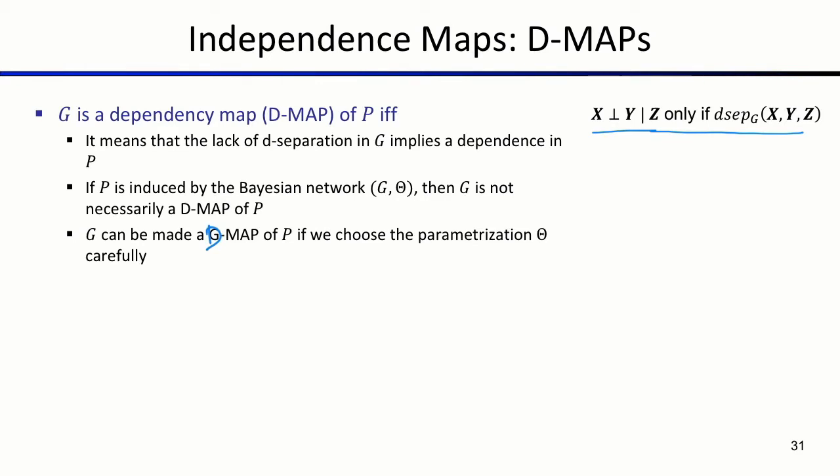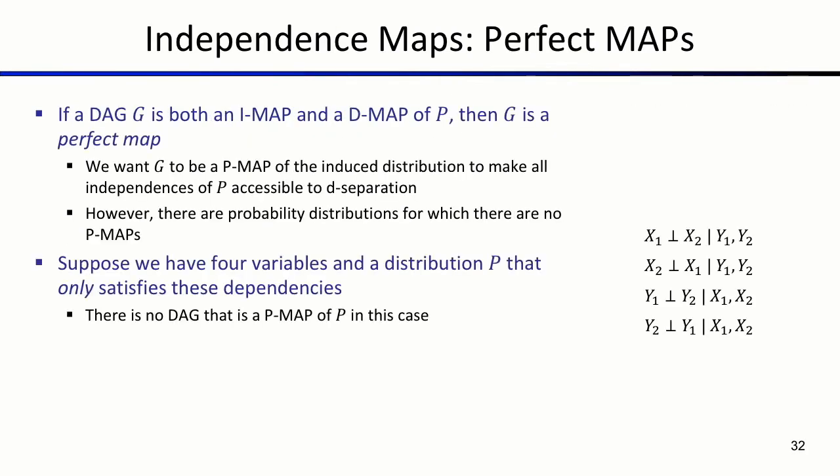So we are saying that we can have the implications in two ways, right? So we can have d-separation implying independency, and independency implying d-separation. The first case is for the IMAPs, and the second case for the DMAPs. And if a graph is both an IMAP and a DMAP for a probability distribution, we call this a perfect map.